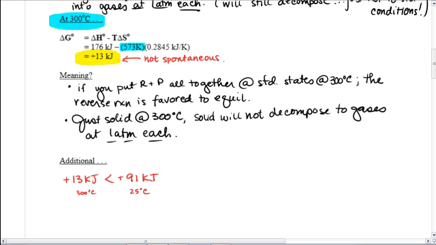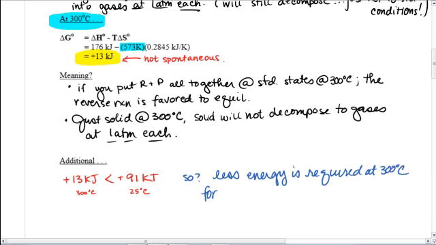And that's absolutely right. So, what does that mean? Well, at this point, less energy is required at 300 degrees for the reaction to reach equilibrium.